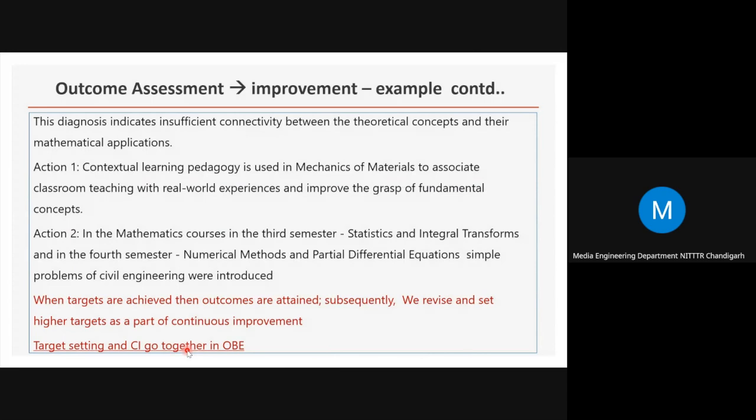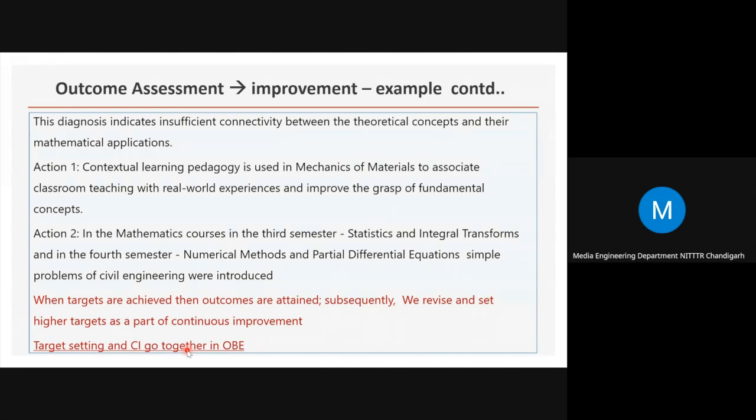But if targets are achieved, then we should be happy that the target we have kept is achieved. Subsequently, if targets are achieved continuously for two or three years, then we can consider revising and setting higher targets as a part of continuous improvement, because the main aim of this graduation is continuous improvement.